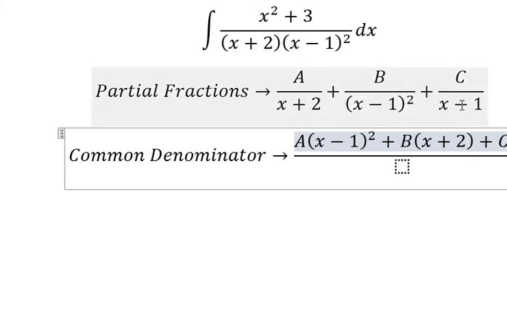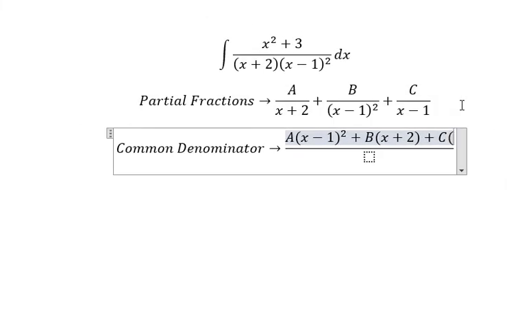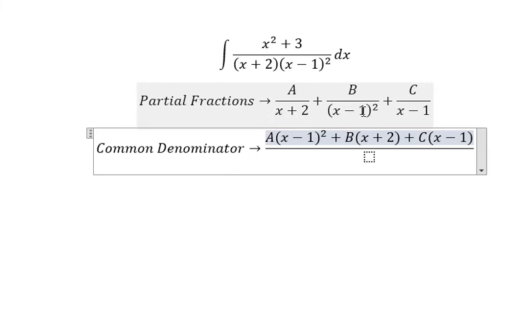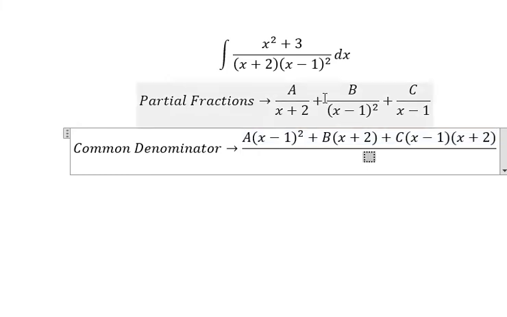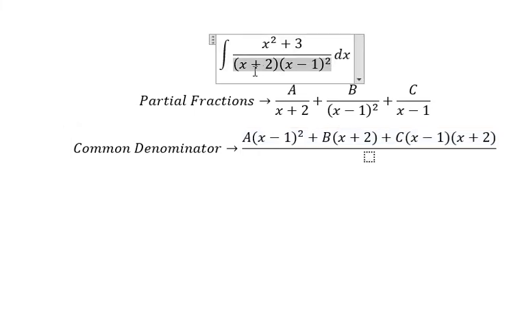About C, we need to multiply by s minus 1 because this is about s minus 1 squared. However, we have s minus 1 right now. So we need to multiply another s minus 1 and then we go to s plus 2. And now in here, that should be in here.